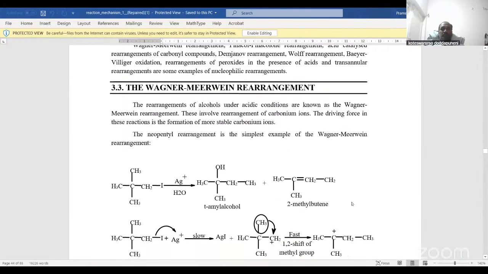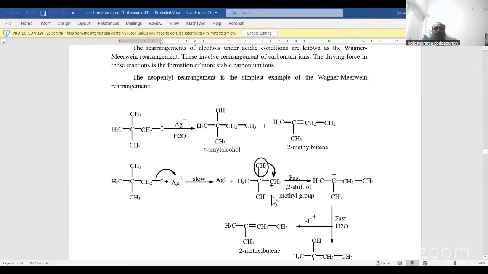It is catalyzed by silver, which interacts with the halogen present in the alkyl group. Then it leads to the formation of AgCl, and a carbocation is generated. That carbocation further undergoes rearrangement that leads to the formation of a stable carbocation.